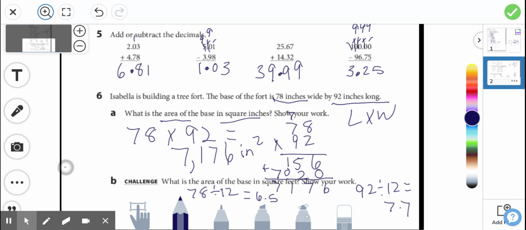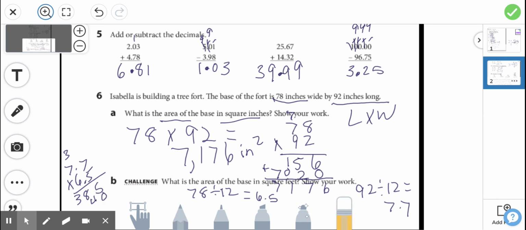You take 7.7 times 6.5, multiply. 5 times 7 is 35. 5 times 7 plus 3 is 38. 0 placeholder. 6 times 7, 42. Carry my 4. 6 times 7 is 42 plus 4, 46.